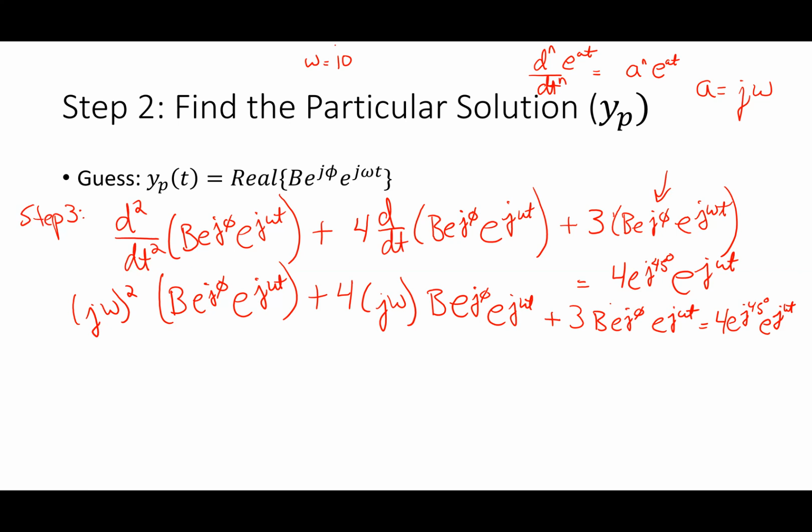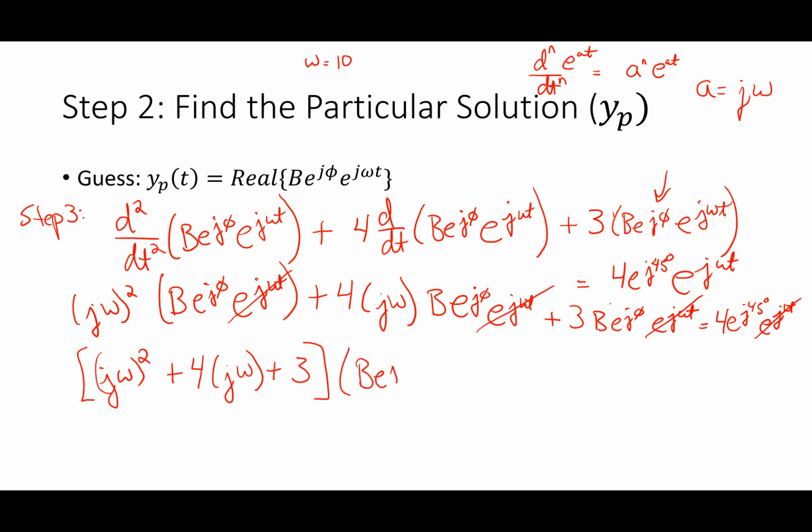When I look at this, the first thing I see is that each of these terms on the left has an e to the j omega t, as does the one on the right. So that means e to the j omega t can be factored out and canceled. So this whole thing becomes j omega squared plus 4 times j omega plus 3, all times b e to the j phi, which is equal to 4 e to the j 45 degrees.